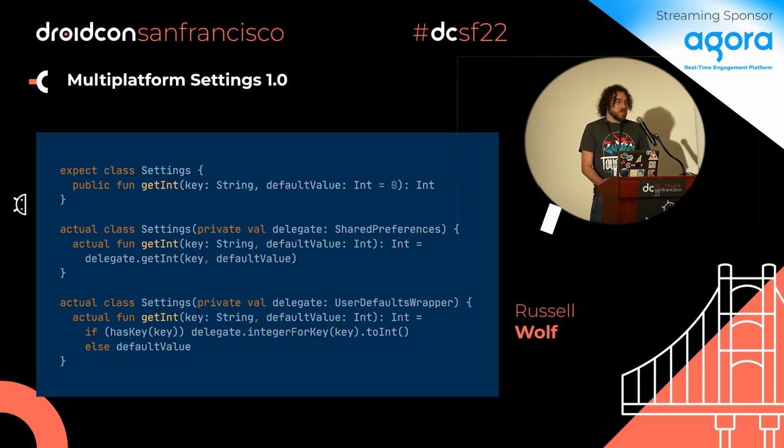The first version of the API looked a bit like this. So I had an expect class. I had getters and setters. This is just an abbreviated version of one function that was in it.